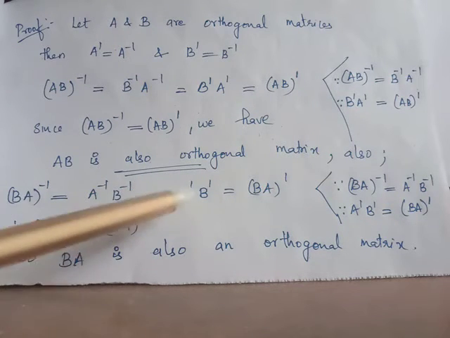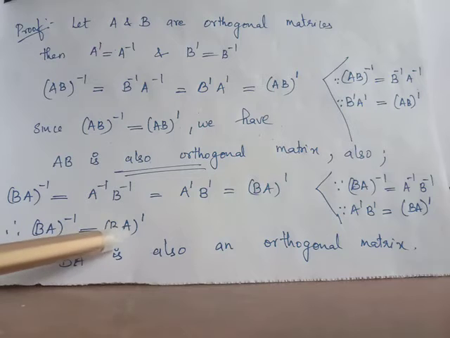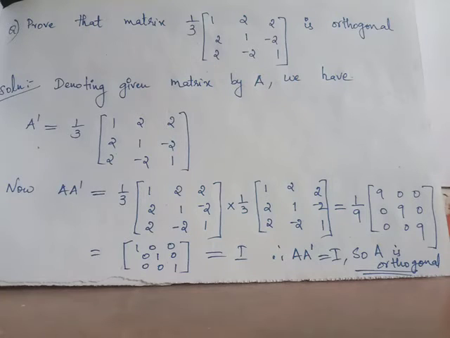So, looking at this evaluation, you can see that BA the whole transpose is equal to BA the whole inverse. Here again, by the same reasoning, a matrix whose inverse is equal to its transpose is orthogonal, hence you can conclude that BA is also an orthogonal matrix. So, the product of two orthogonal matrices, whether taken in the order AB or BA, the result is always another orthogonal matrix.